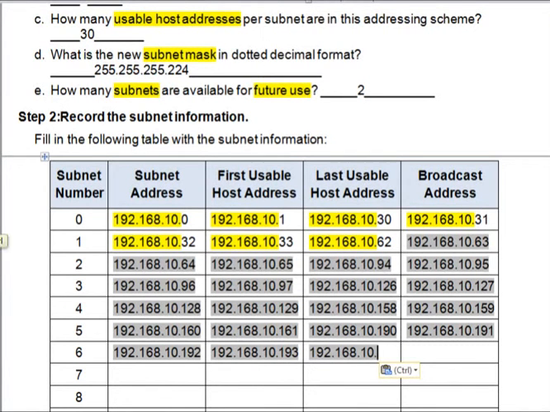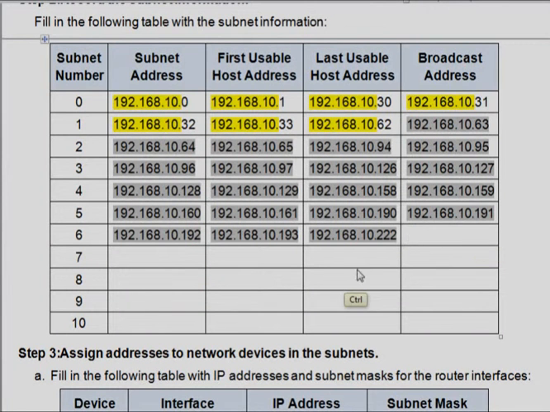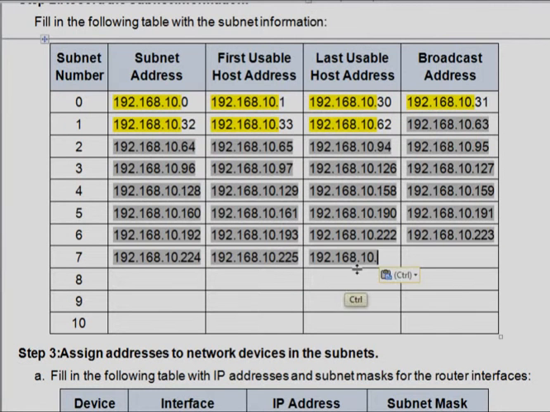The last usable host address will be, in this case, 192 plus 30, which will be 222. The broadcast address is 223, and the next address coming up will be 224. For the next subnet address, this will be 225. The last usable host address will be 254, and this will be 255. So this is the addressing for the whole of the network over here.